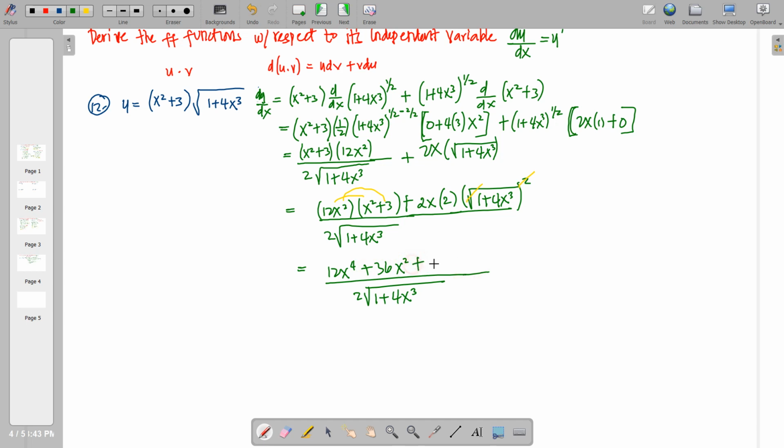And then plus, this is 4x actually, a combination of this, times 1 plus 4x cubed. So we simplify it further. We have 12x to the fourth plus 36x squared. Again, we distribute this.